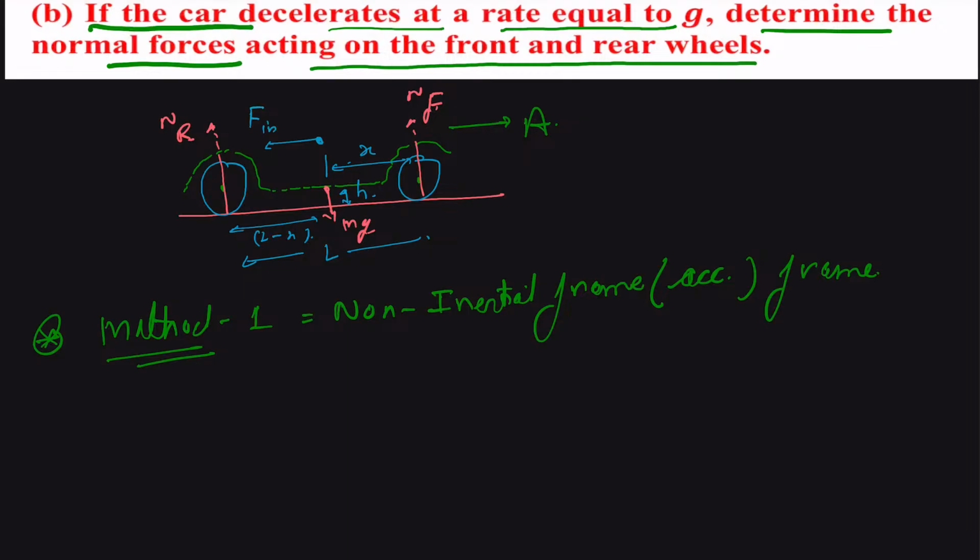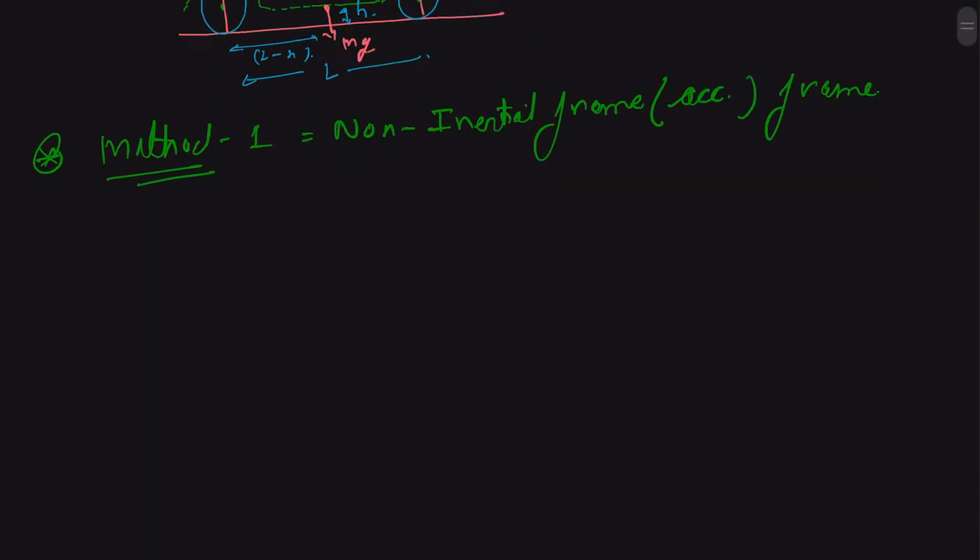So this is a pseudo force, and its value will be equal to minus m times A. A is the capital, so we can just put capital A. So we can write that the pseudo force F in will be equal to minus m times A, and it will be acting at our center of mass and in the direction opposite to the acceleration. Okay.